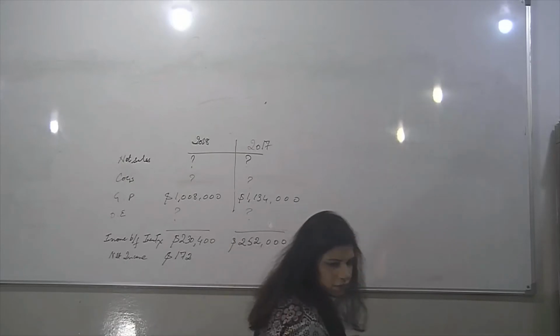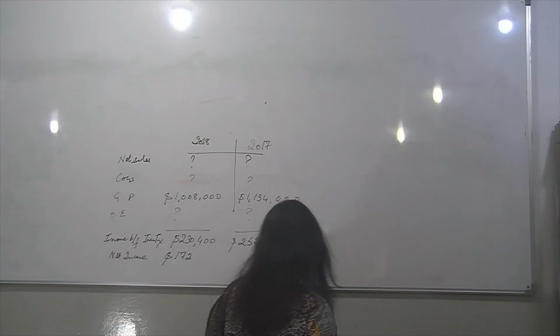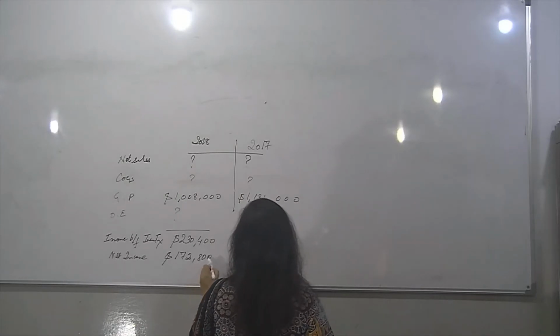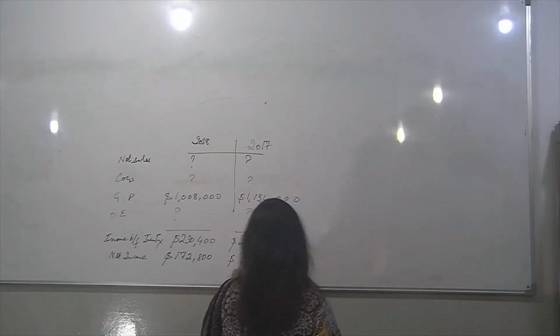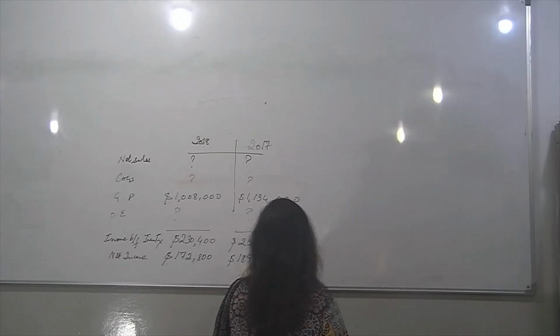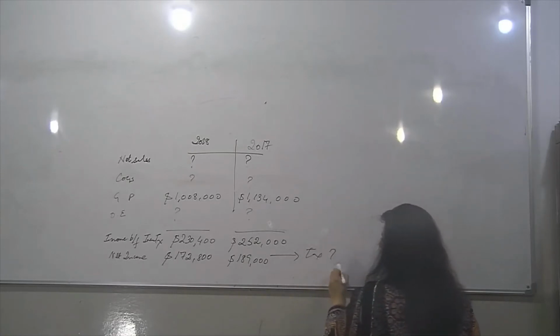We don't even have the value for income tax at the moment, but 172,800, we just find it out from here. And this is 189,000, and the gap would actually explain to us the tax that is missing.